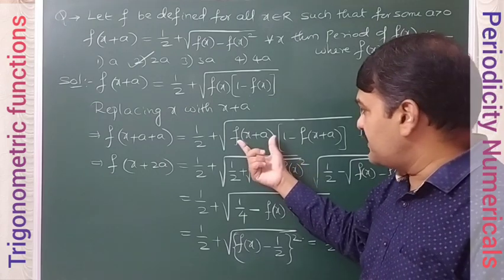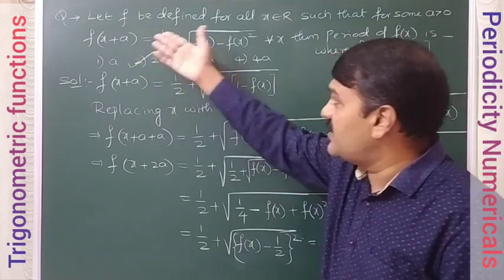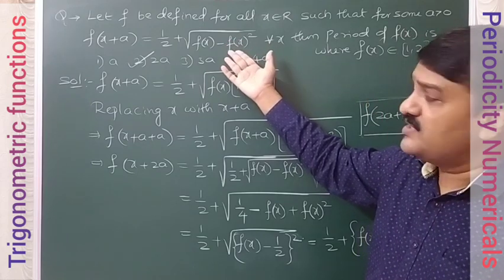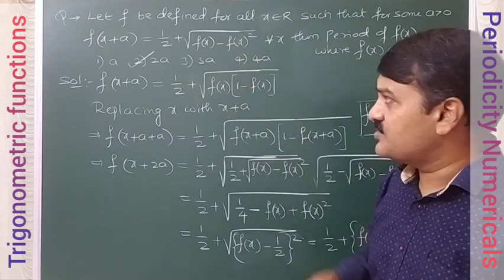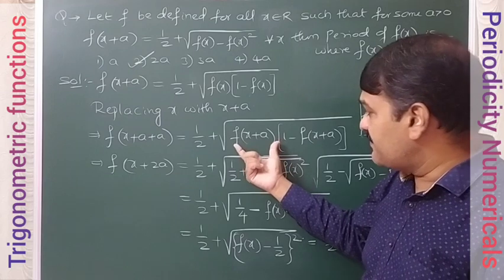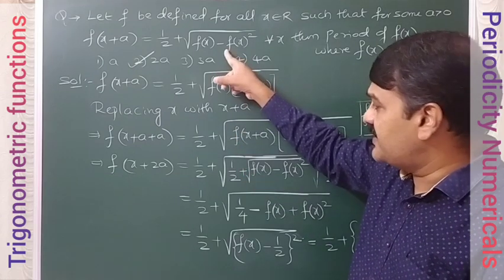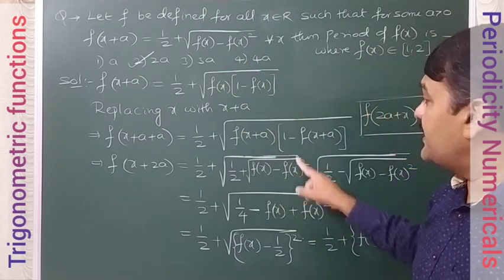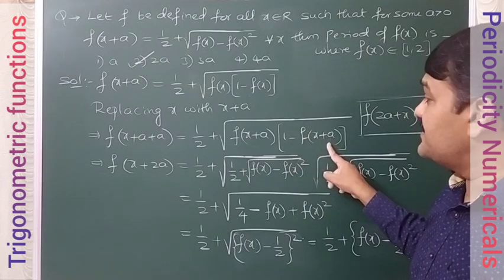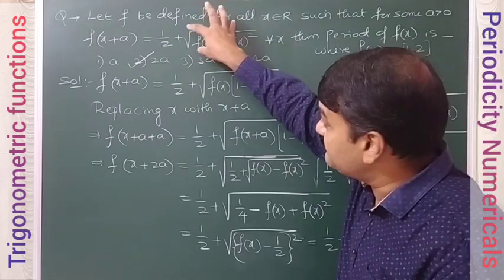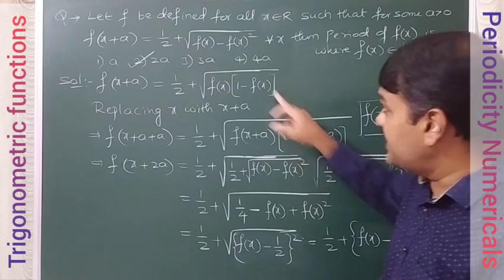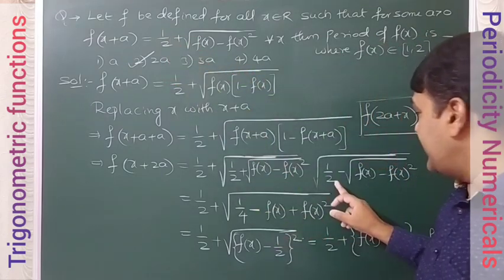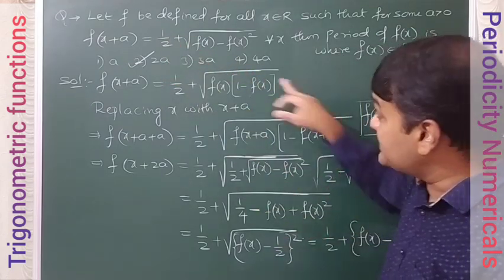Now f of x plus a, we can use the given equation value or this value, anything is okay. So in place of f of x plus a, I am writing this one. Okay, and 1 minus f of x plus a means 1 minus this one. So 1 minus 1 by 2, you will get 1 by 2 minus this one.